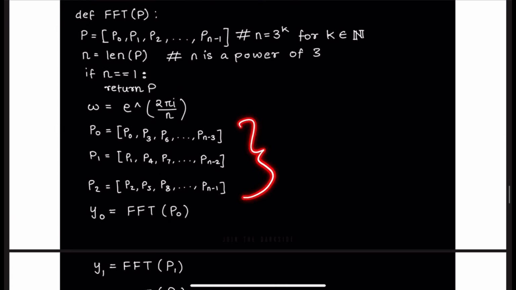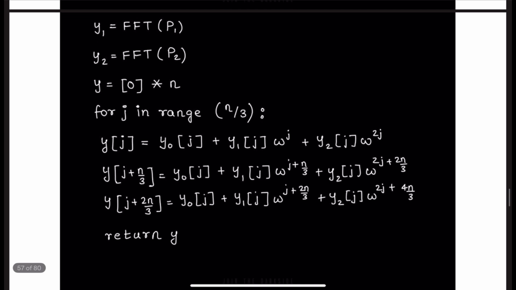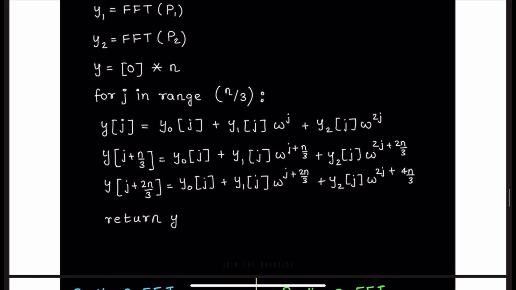Here's the division into three parts, and the FFT results for P0, P1 and P2 are combined using the respective roots of unity here in the loop.